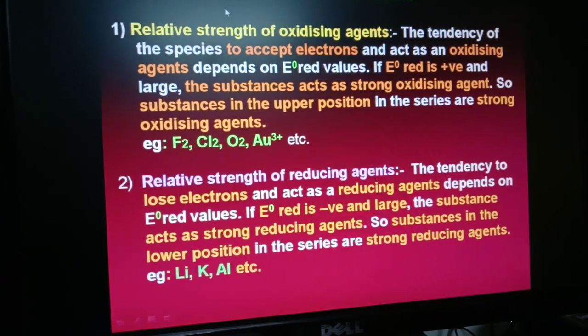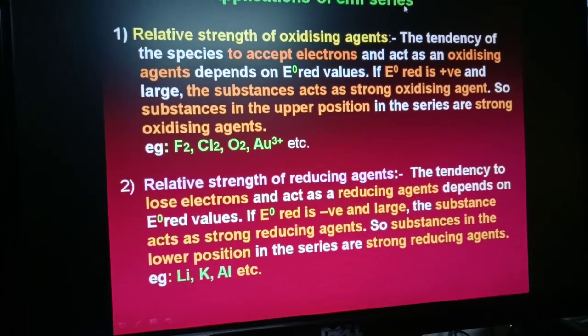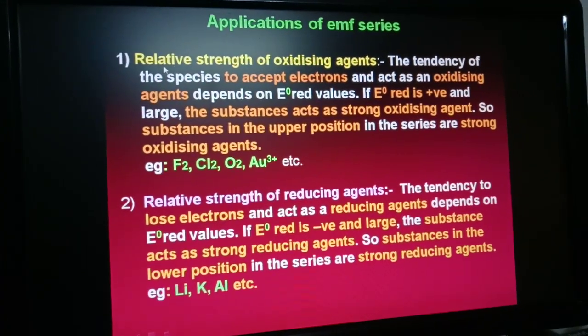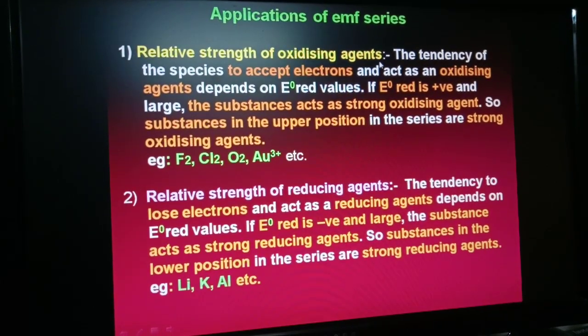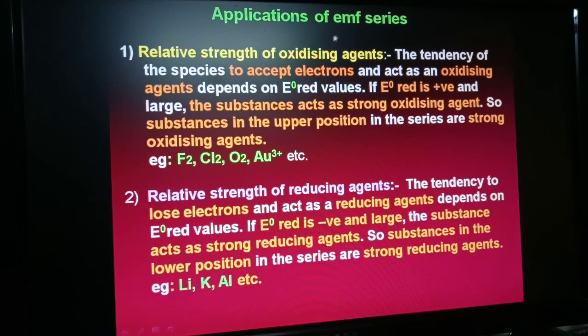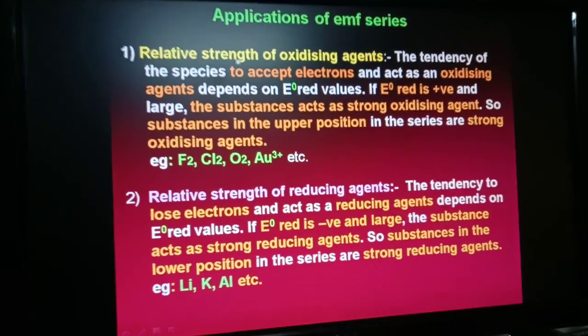Now let us study the applications of the EMF series. The first one, relative strength of oxidizing agents. The EMF series is used to determine the relative strength of oxidizing agents. The tendency of the species to accept electrons and act as an oxidizing agent depends on standard reduction potential values.